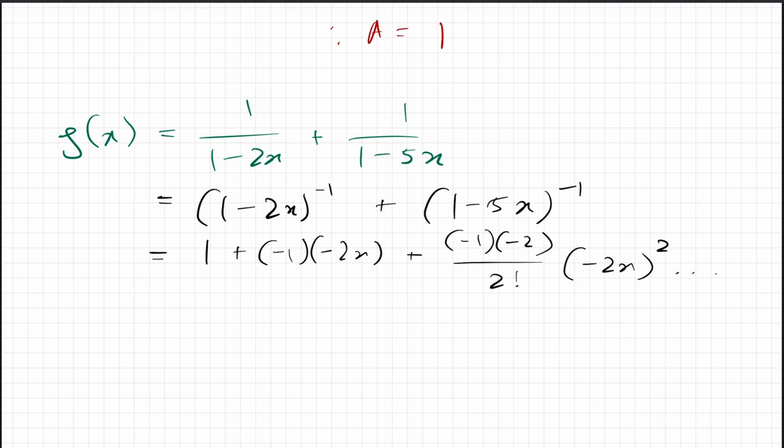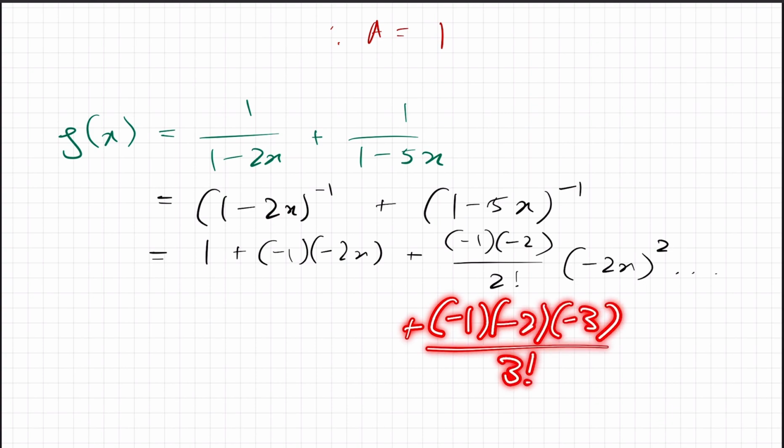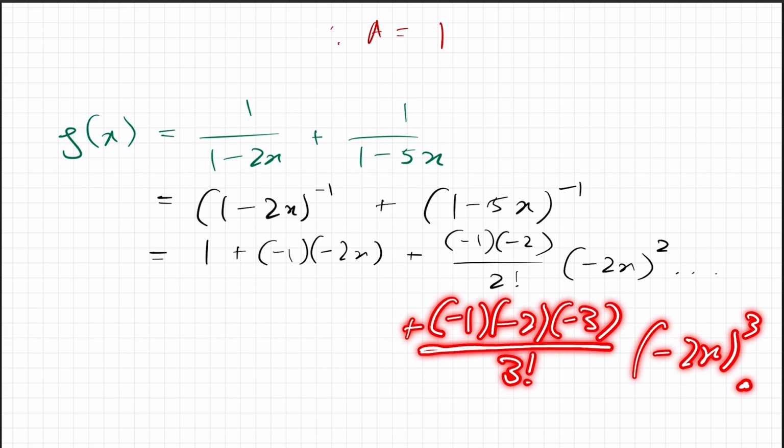Hopefully you can see here the two negatives cancel out, here two negatives cancel out, and there's also a square. If we add the next term, it would be (-1)(-2)(-3) over 3 factorial with (-2x) to the third. You can see this is essentially just negative 3 factorial, so the factorials cancel out and the magnitude becomes 1.